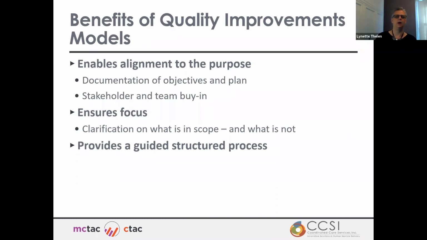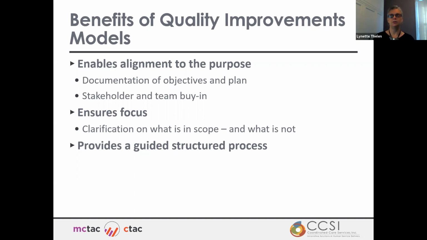And some of the benefits of these models include being able to align on the purpose. So there's a component of documentation of your objectives and your plan. There's a structure that asks you to get stakeholder and team buy-in. It helps you focus, really just documenting what you're doing and having some structure around how you're going to do it gives you an opportunity to focus the team on what it is you're trying to achieve, clarifies what's in scope, and sometimes more importantly, what's not in scope.